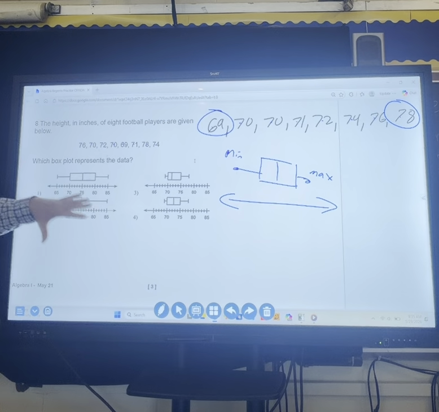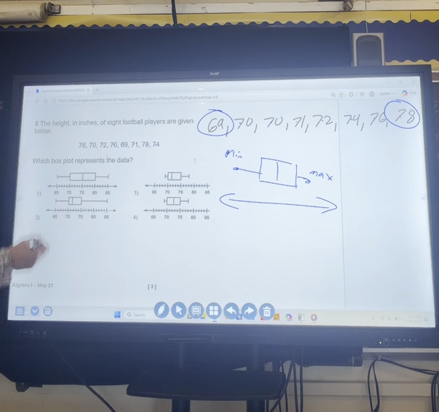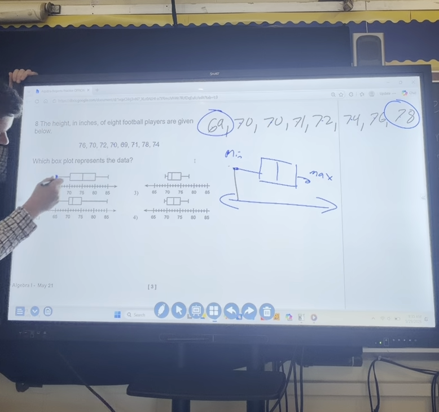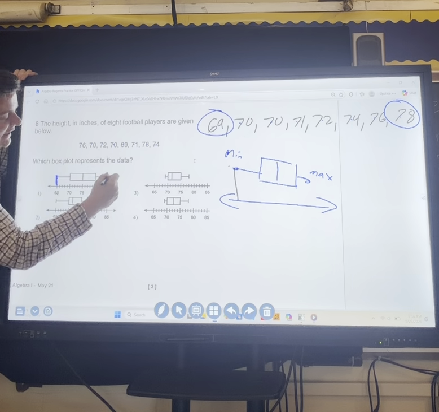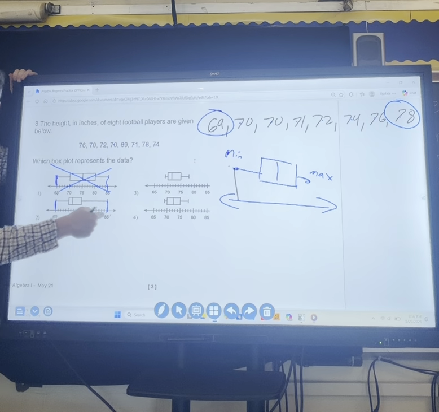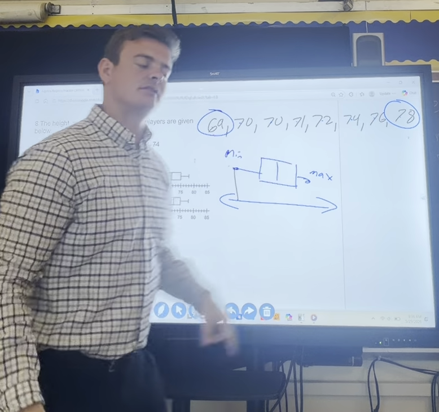So I should look at these box plots and make sure the minimum is 69 and the max is 78. This minimum, the spot at the end of the box plot, is a 65. And the max is 85, which is not what I want. Same with this one. Min 65, max 85. Not what I want. I want min 69, max 78.